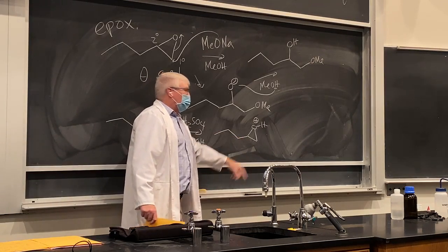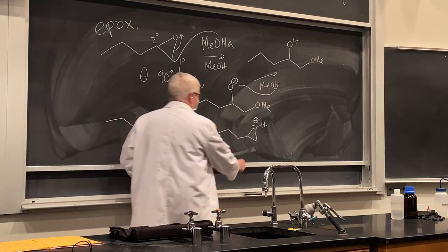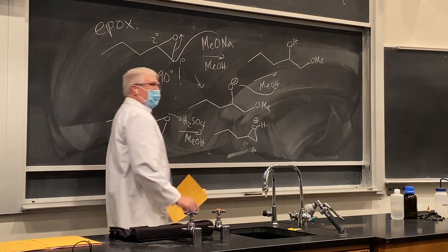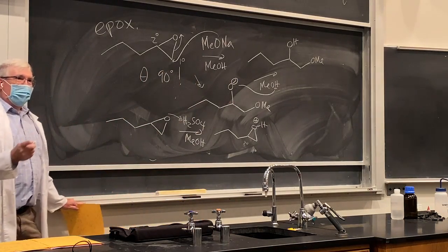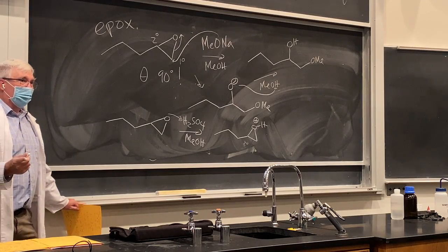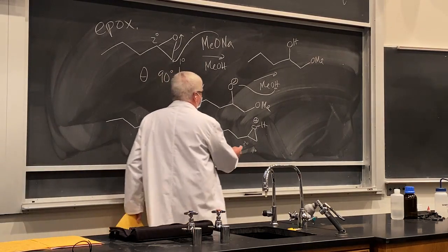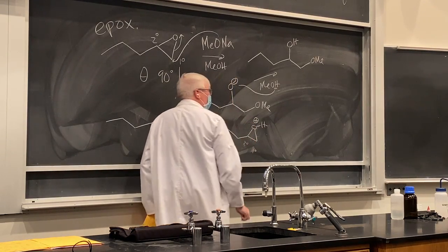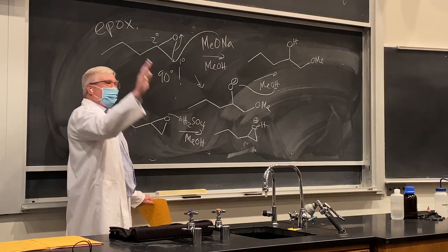So here's our intermediate. What's going to happen there? Here's our primary position. Here's our secondary position. This epoxide is going to want to open up on its own now. This is more of an SN1 type reaction. So which side's going to open up? Is it going to open up and form the primary carbocation, or open up here and form the secondary carbocation?